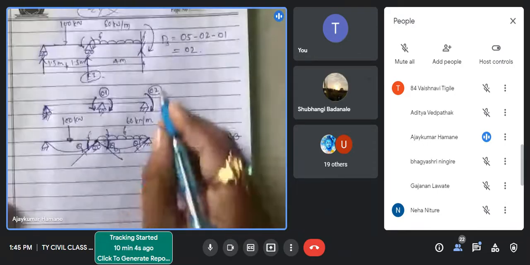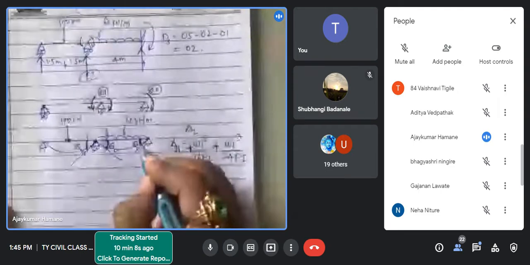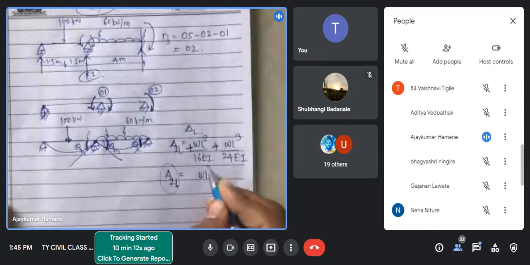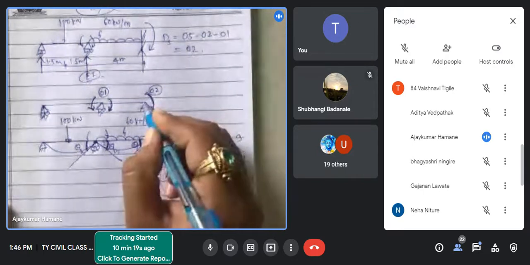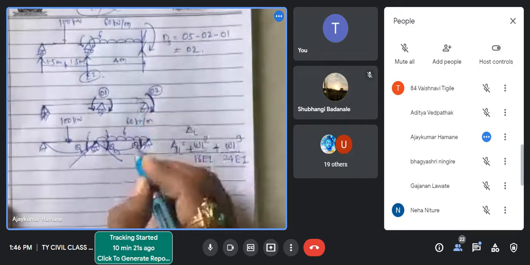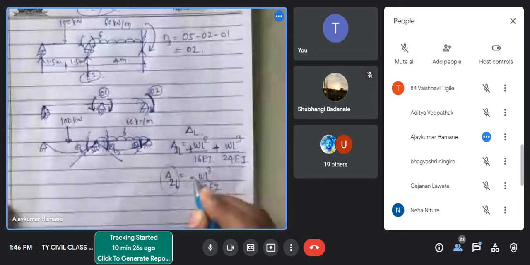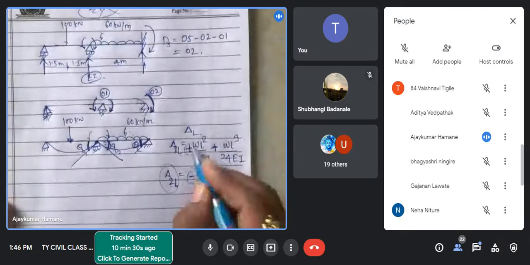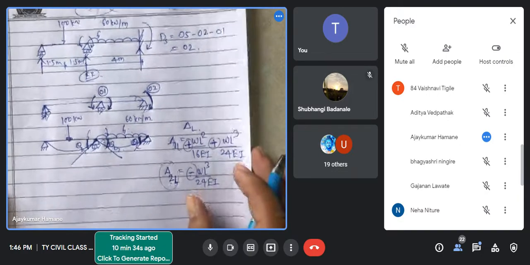Correct. So this is the displacement due to the loading, that is theta c, which is WL cube upon 24 EI. Now we have assumed a coordinate like this. This gives us an upward slope, correct? But due to the loading we have a downward slope. So that's why it is negative. Okay students? You got the positive and negative sign conventions? Yes or not?